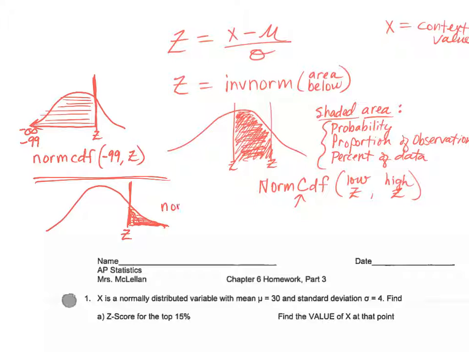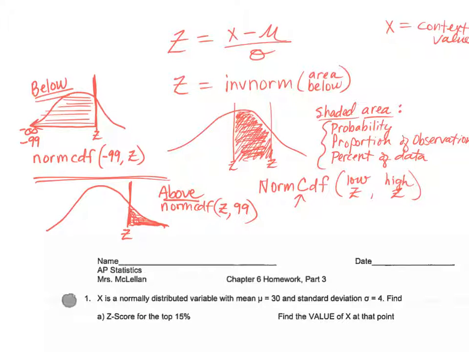And so how would I get that area? Norm CDF from what? My z-score out to 99. So if I'm going above, then I'm going from a z-score out to positive 99. If I'm going below, then I'm going from negative 99 up to my z-score. So there's kind of our review.